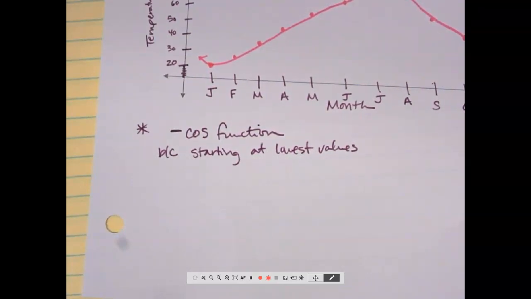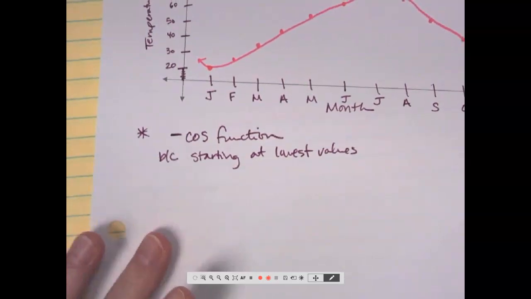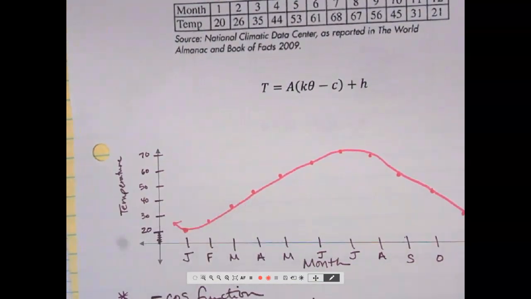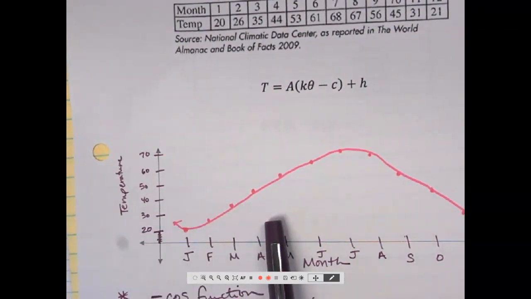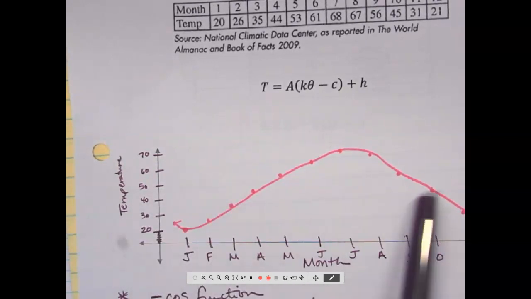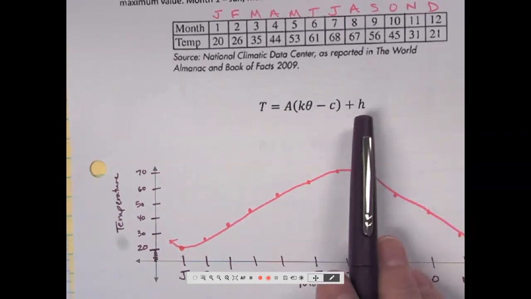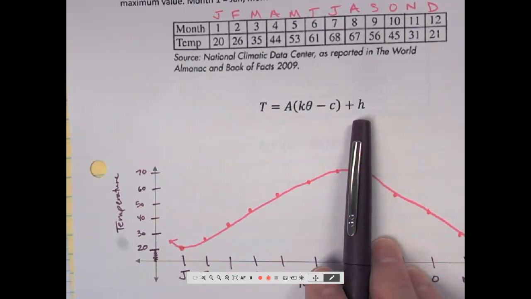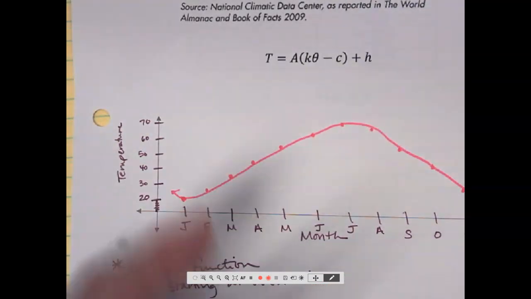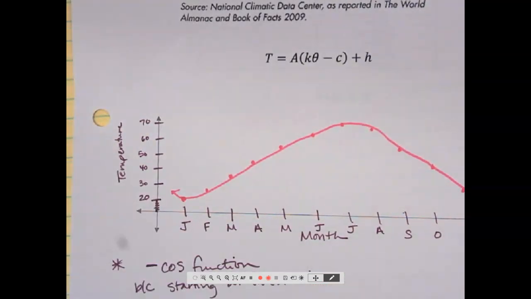Okay, where's the center line of this function? It's not on the x-axis, is it? Okay, so if the center line is not on the x-axis, that means I have a vertical shift. How do I find where the center is? If you had 2 test grades and you wanted to know your average, wouldn't that represent the grade in the middle? Okay, so how can I find that average temperature?